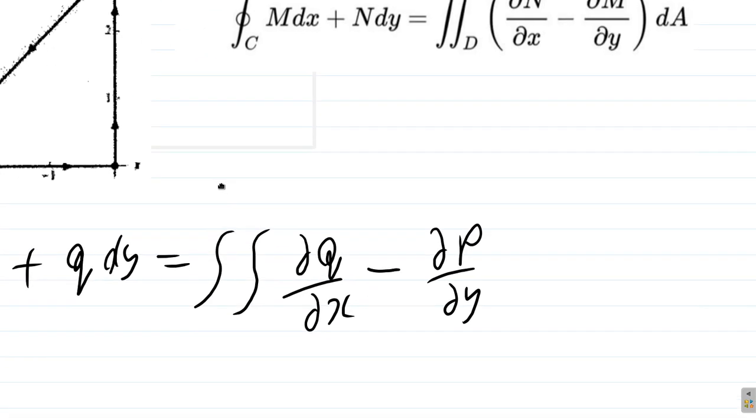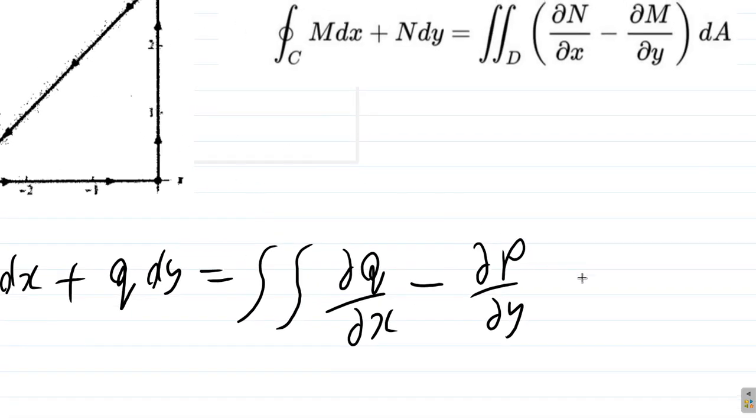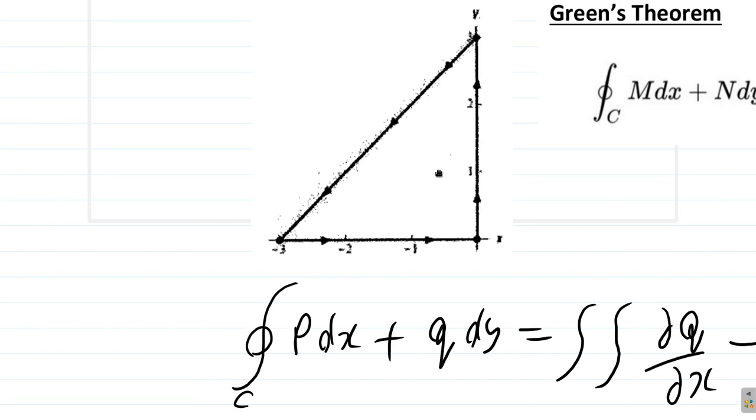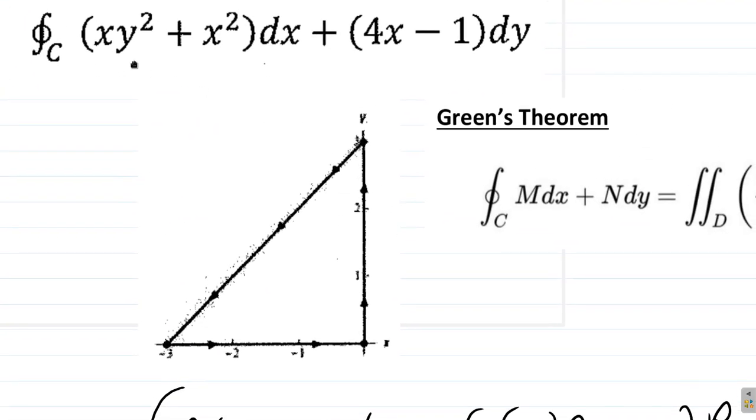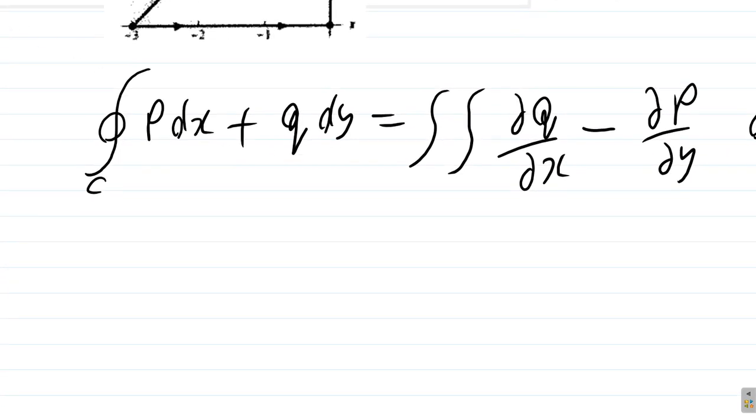Now they have dA here. I will use dx or dy first. Let me write dy dx. Okay. Now looking at this, what is p and what is q? Well, in this case, p is xy squared minus x squared.